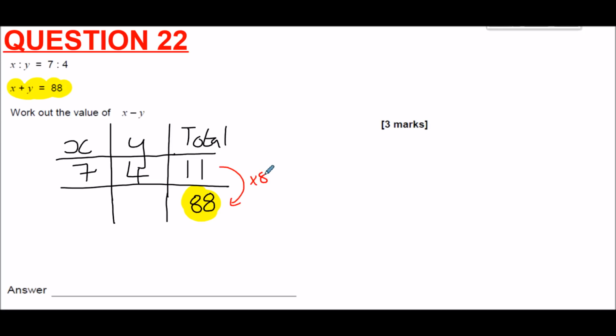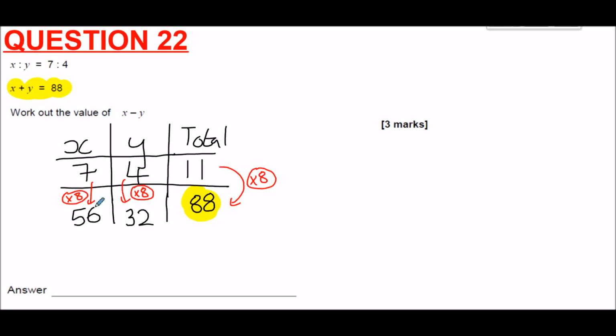And so because we want the total to be 8 times bigger, we need to also multiply all numbers by the same figure. So we need to multiply the 4 by 8 and also multiply the 7 by 8 too. And so 7 times 8 is 56. 4 times 8 is 32.